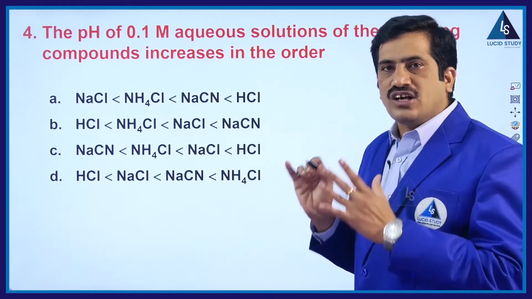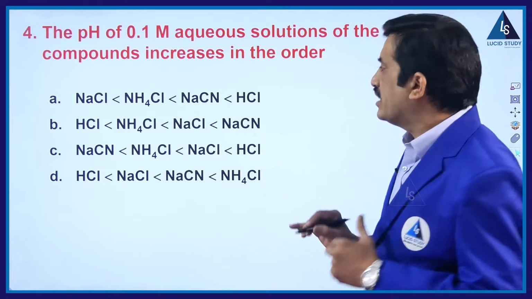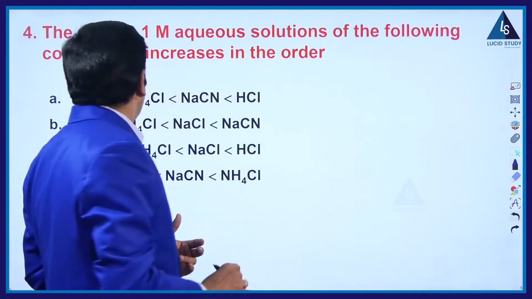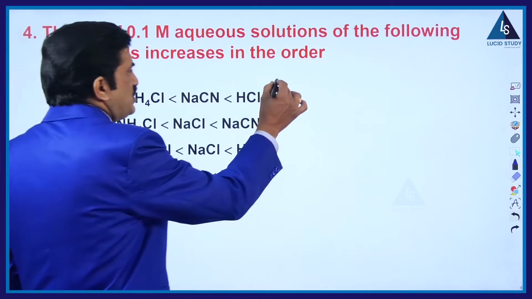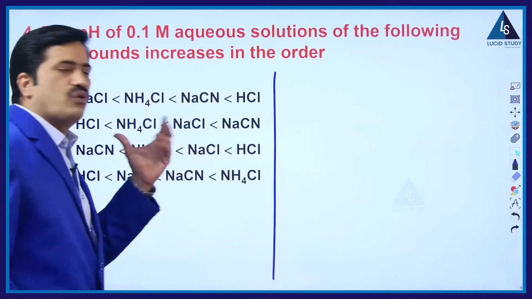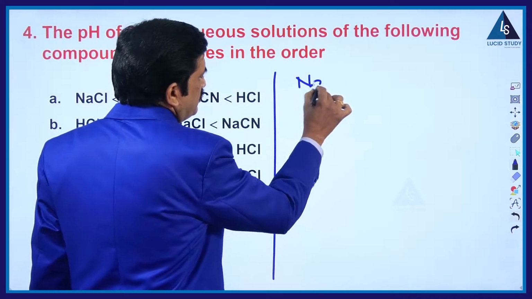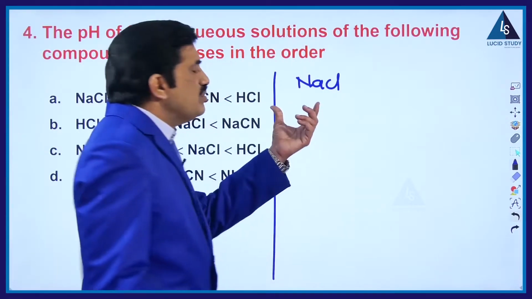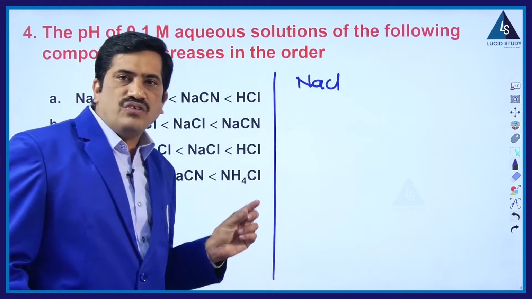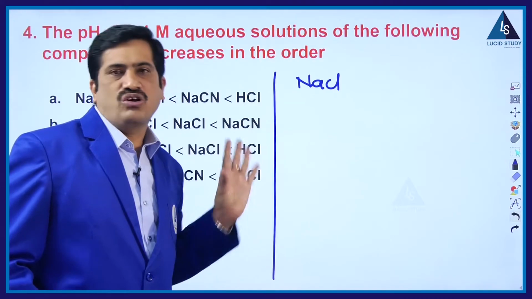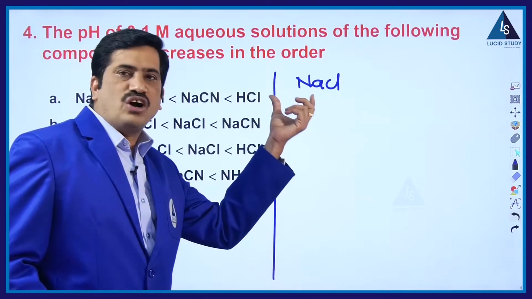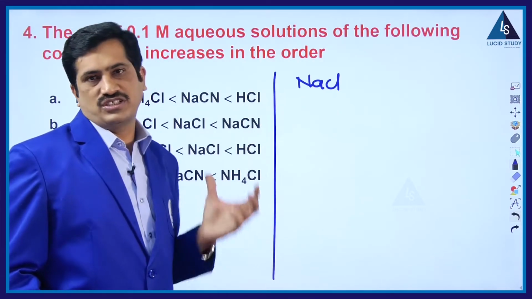Now what is the correct order of increasing pH value? Now the first one, you take all the 4 compounds. First one, sodium chloride, NaCl. Sodium chloride is the salt of a strong acid and a strong base. You know, NaCl is obtained from sodium hydroxide and HCl.